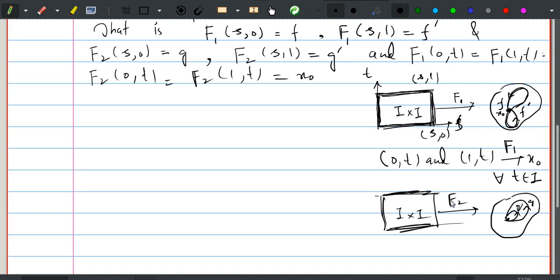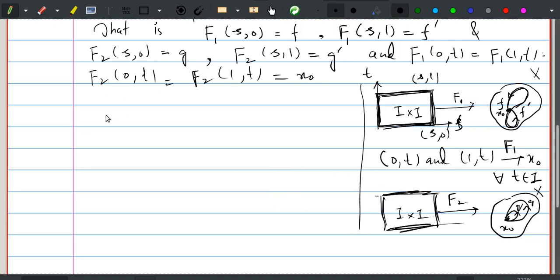These two vertical line segments are mapped to the point x naught. This is all happening in X. Now what we need to prove is that we need to cook up another homotopy.